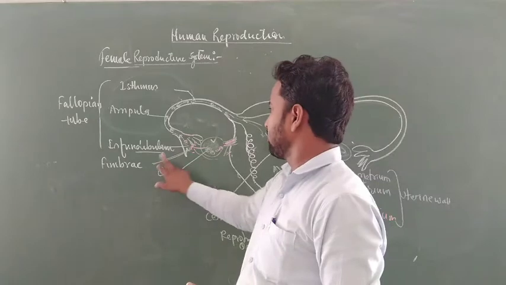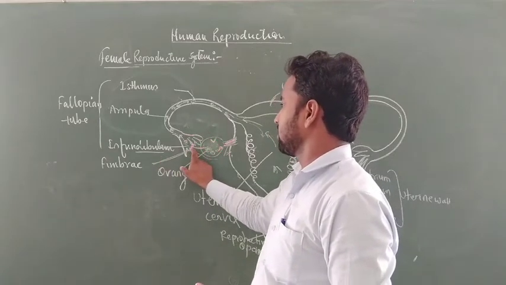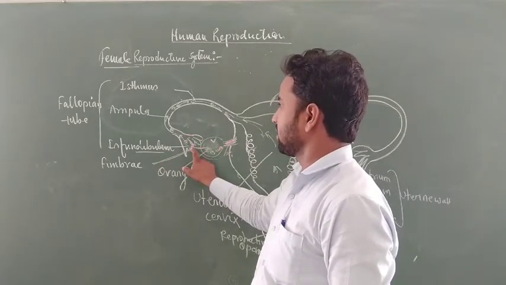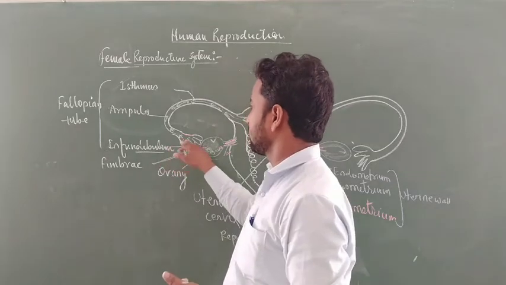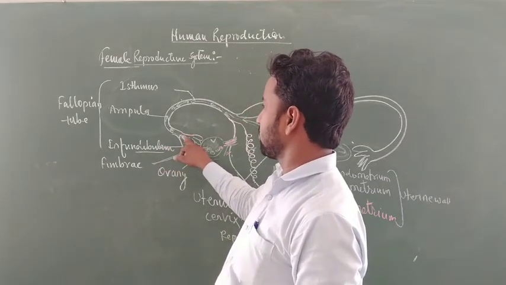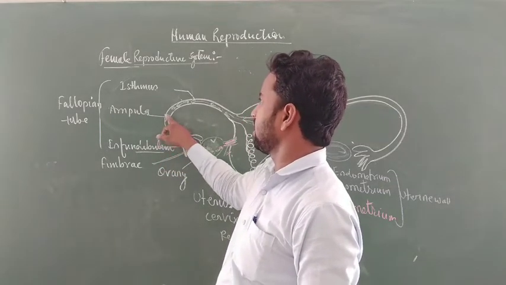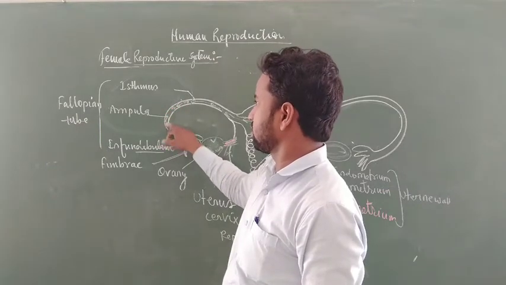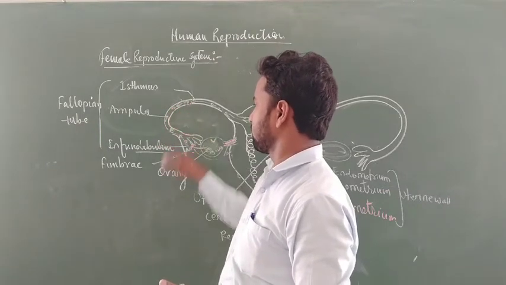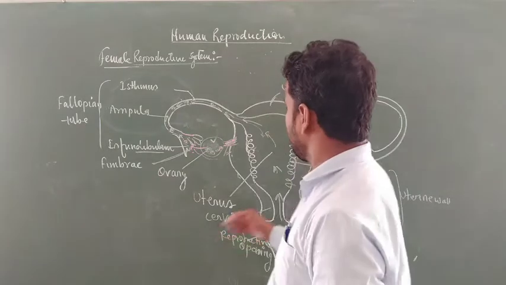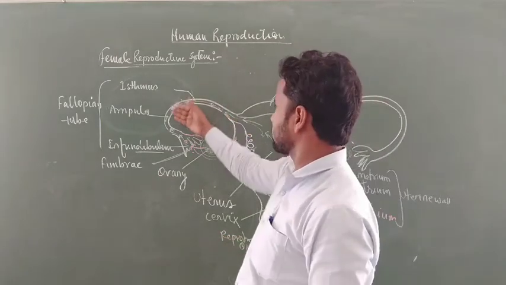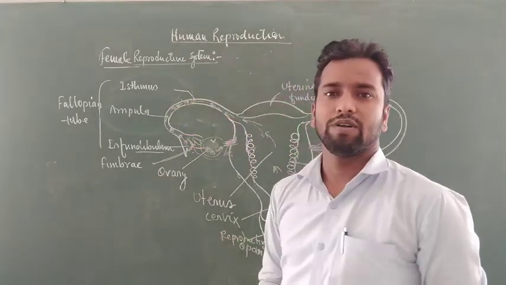The fimbriae are flaps that carry the female gamete into the infundibulum. From the infundibulum it passes through to the ampullary-isthmic junction. This is the point where the male gamete reaches and fertilizes it to form the zygote.